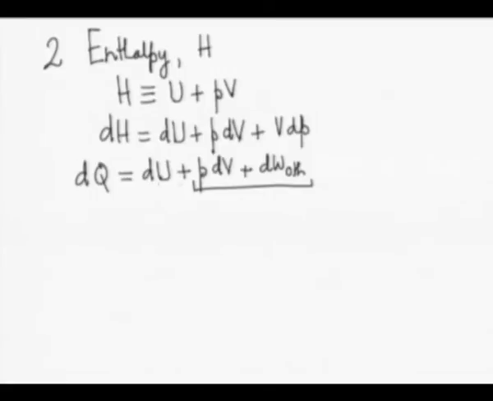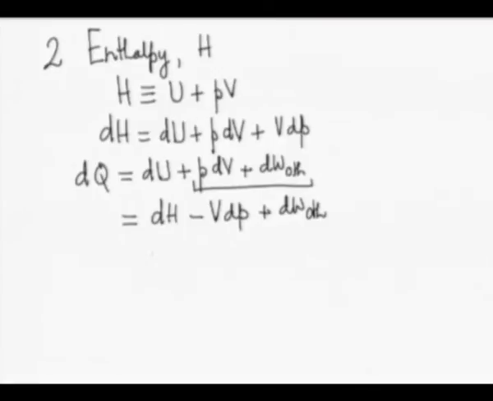And now I will replace this dU plus PdV by dH. So I will get dH minus VdP, because dU plus PdV is dH minus VdP, plus dW other.